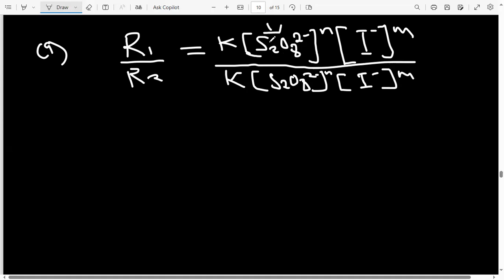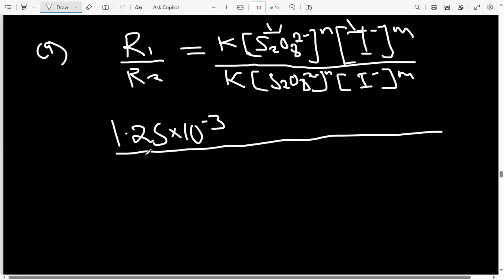Now let's get the values from the table. What is the concentration of this on the first reaction, and what is the rate on the first reaction? The rate on the first reaction is 1.25 times 10 to the power minus 3.